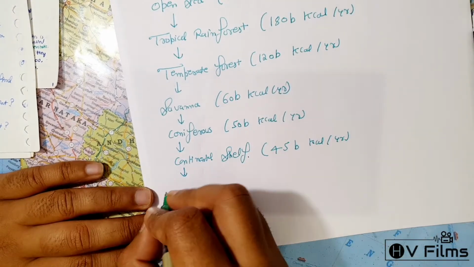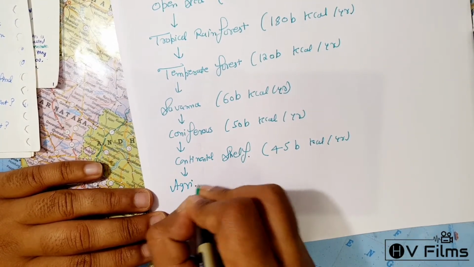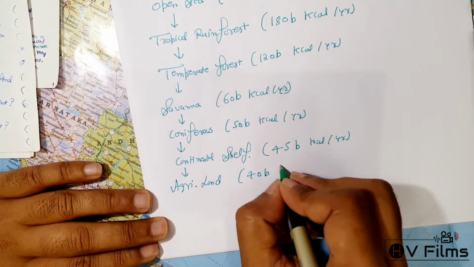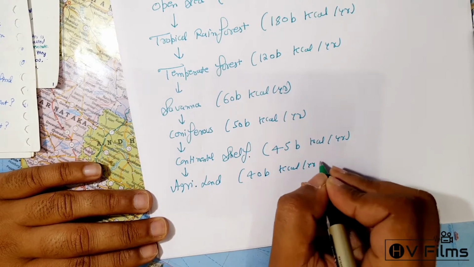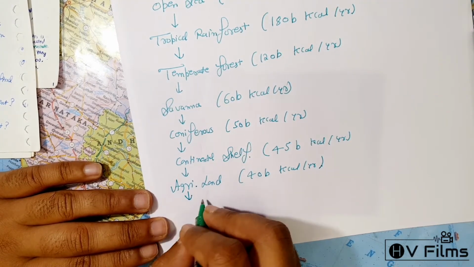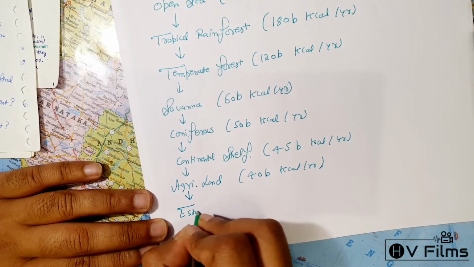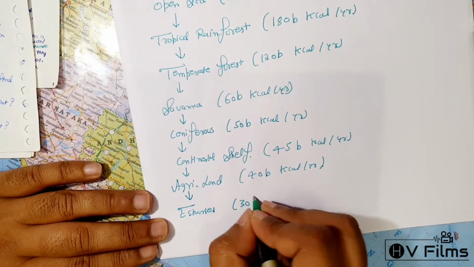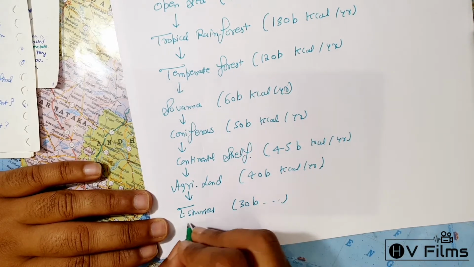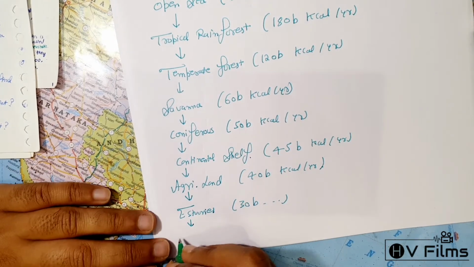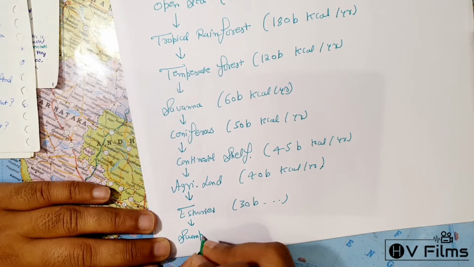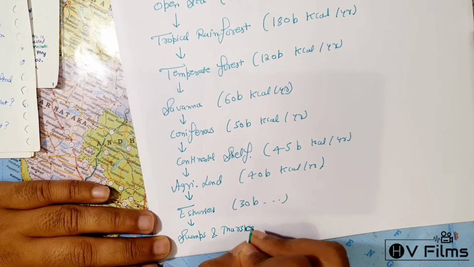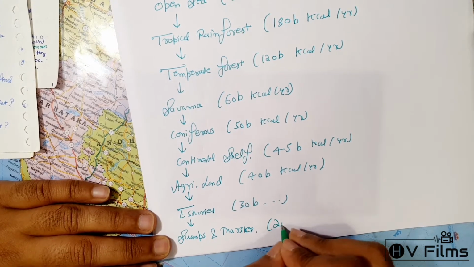Then agricultural land with 40 billion kilocalories per year. Then estuaries, I think it is 30 billion. Then swamps and marshes with 20 billion.